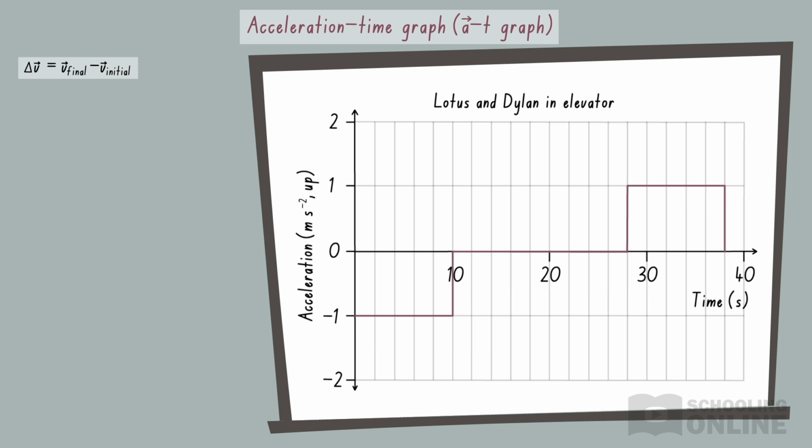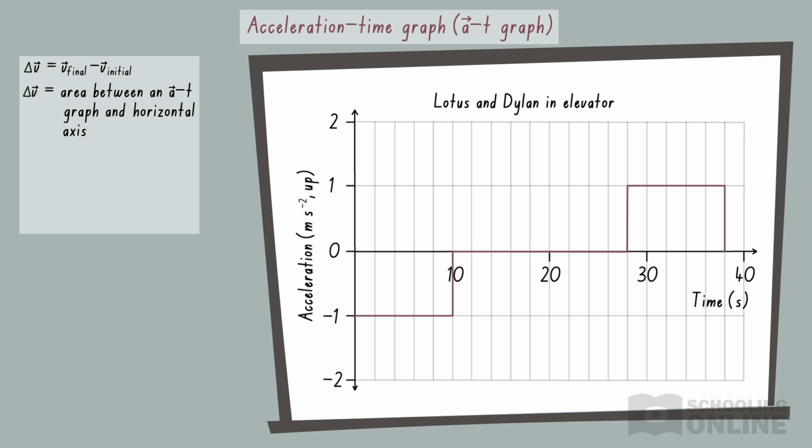Next, it's important to understand that an object's change in velocity is equal to the area between its acceleration time graph and the horizontal axis. To see what this means, let's find the area enclosed by the graph in the first 10 seconds. The width is 10 seconds, while the height is -1 metre per second squared up.